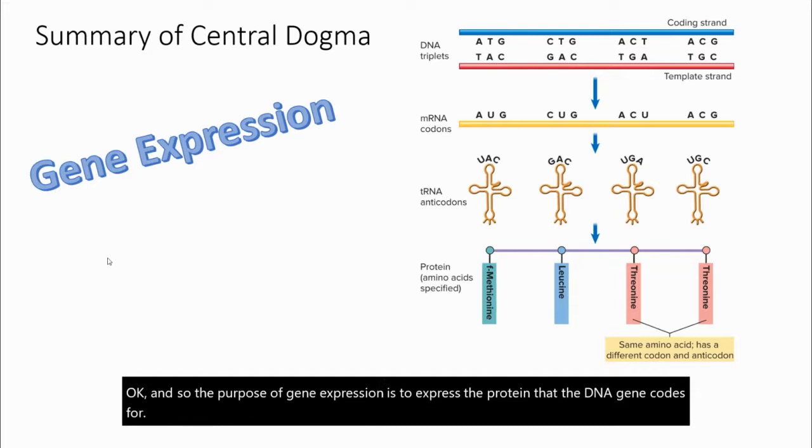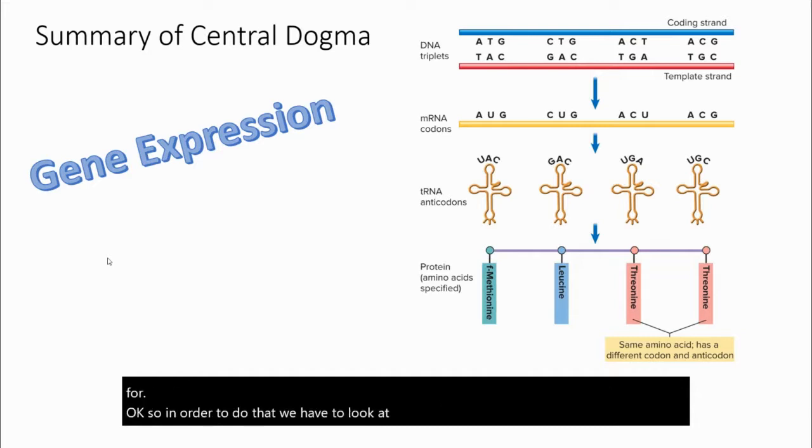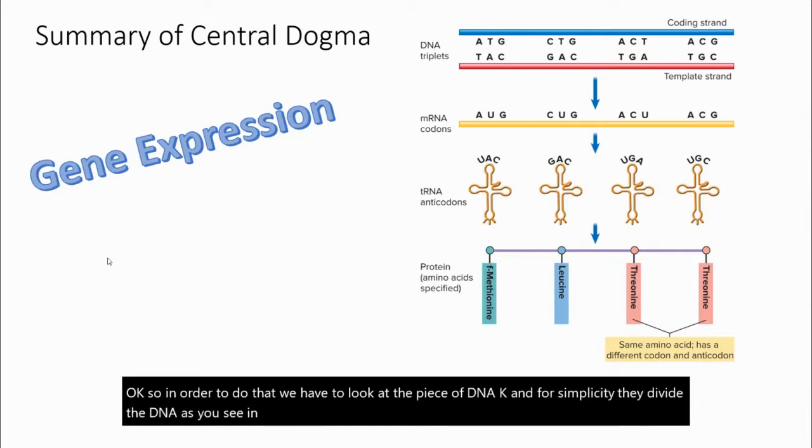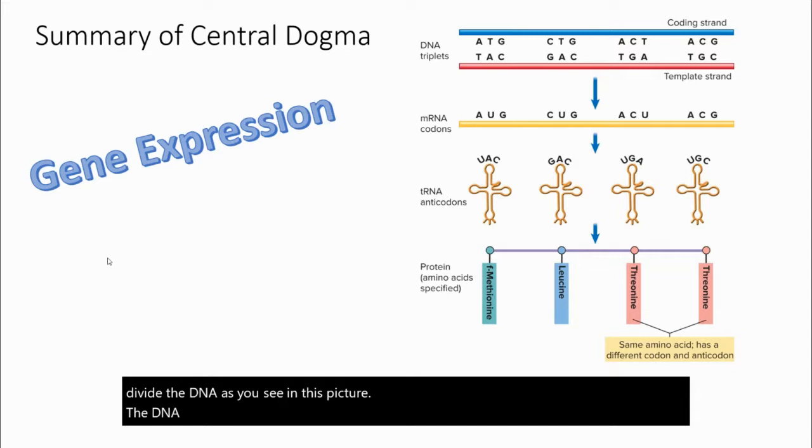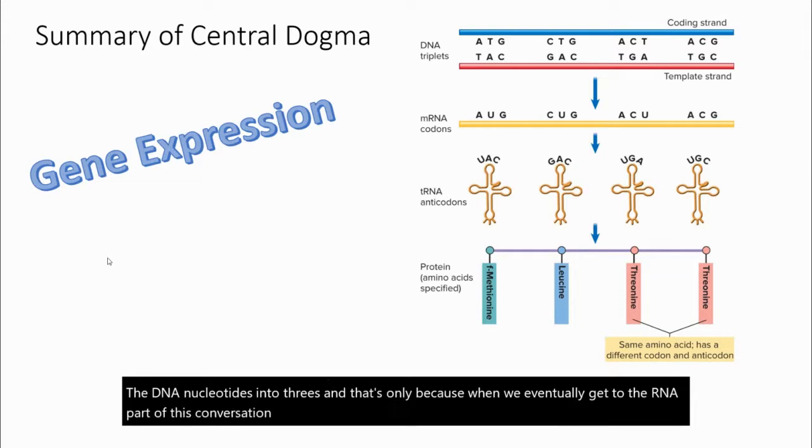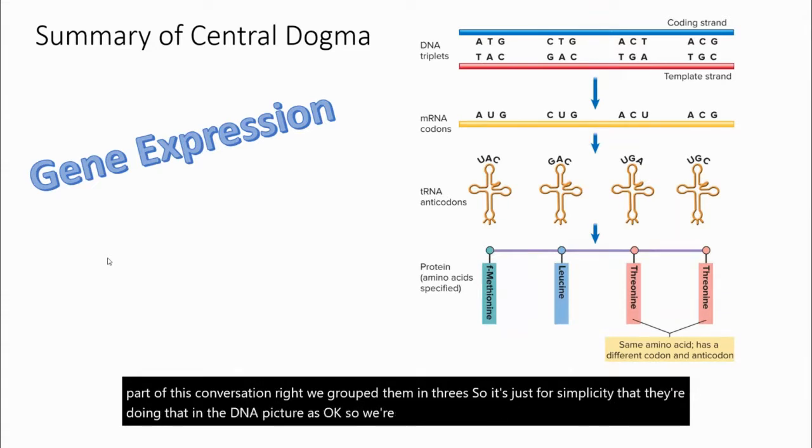In order to do that, we have to look at the piece of DNA. For simplicity, they divide the DNA nucleotides, as you see in this picture, into 3s, only because when we eventually get to the RNA part of this conversation, we group them in 3s. So it's just for simplicity that they're doing that in the DNA picture as well. We're going to express the protein coded for by the DNA, the gene.